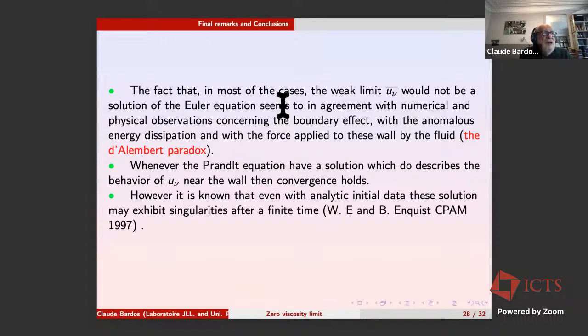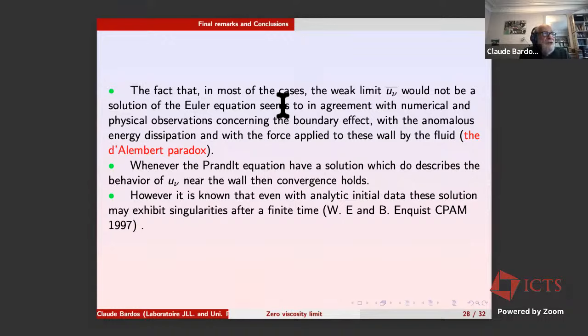I am just giving sufficient conditions as much as I can to ensure that, but one supposes that in general this may not be the case. It's in agreement with numerical computation. It's also in full agreement with what you see in nature. You see turbulence going away from the boundary in the wake.